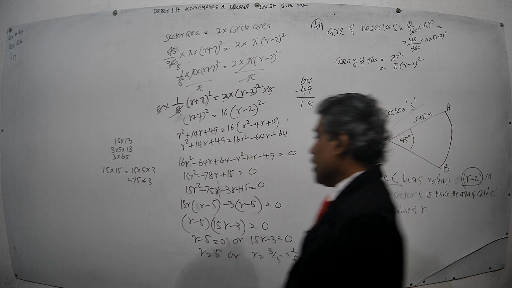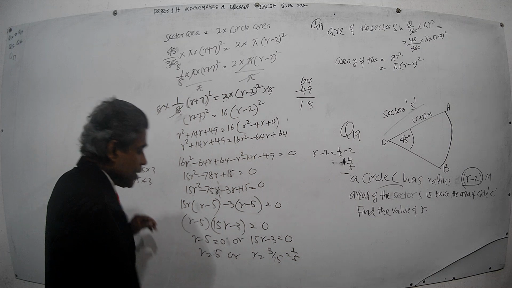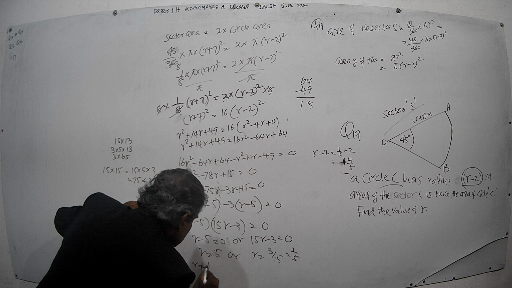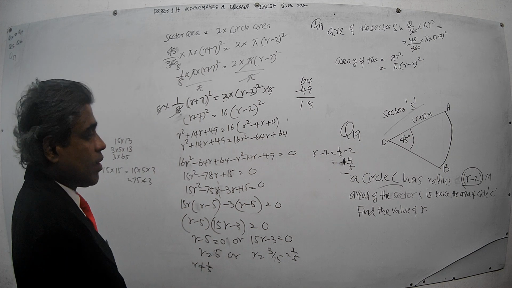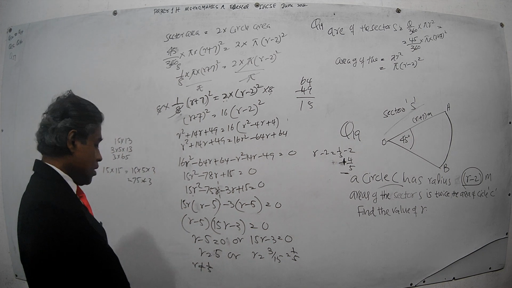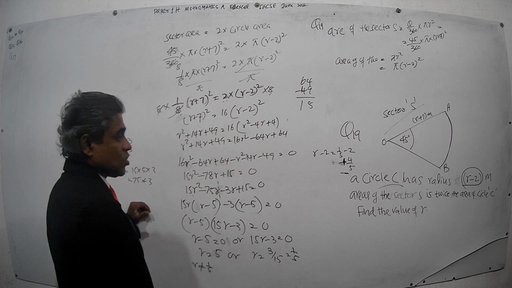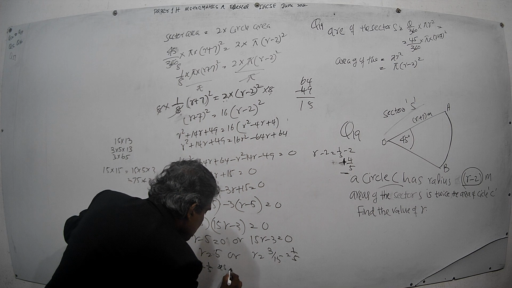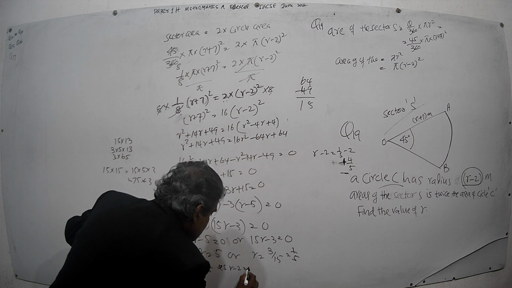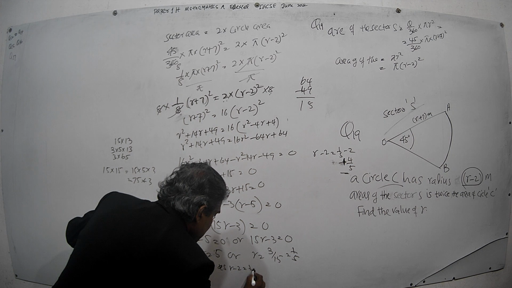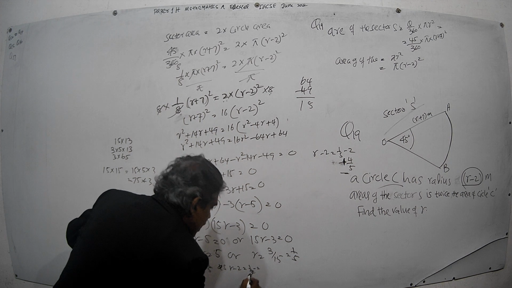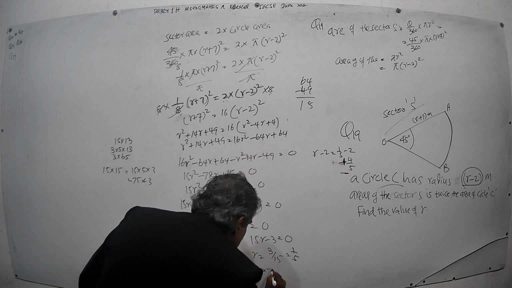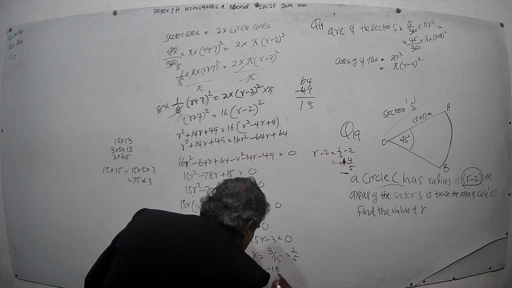Therefore we can write r is not equal to 1 over 5, because r minus 2 equals 1 over 5 minus 2, which equals minus 1 and 4 over 5.